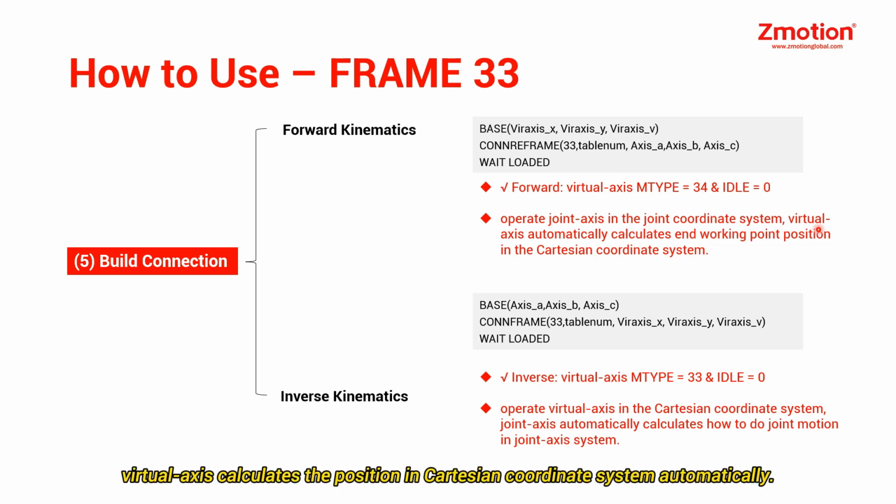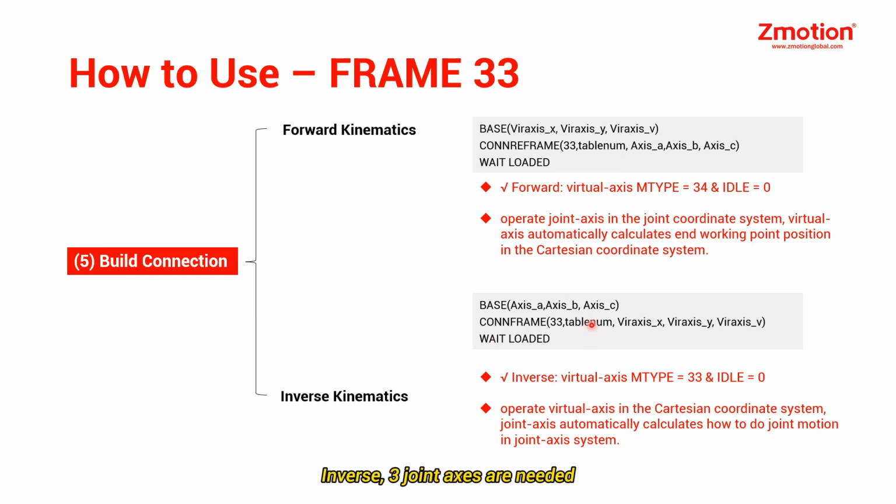The virtual axis calculates the position in the Cartesian coordinate system automatically. For inverse, 3 joint axes are needed. Use the command to connect. When connected, M-type will be 33, idle will be 0. At this time, operate the virtual axis in the Cartesian coordinate system. Then the joint axis calculates how to do joint motion in the joint system. Okay, basic knowledge is obtained.